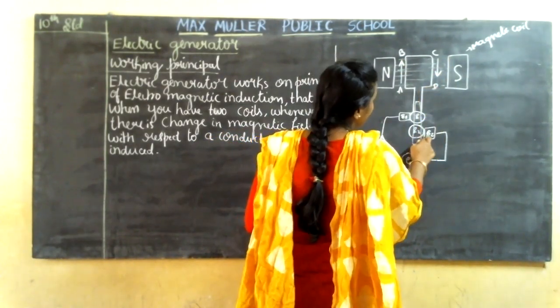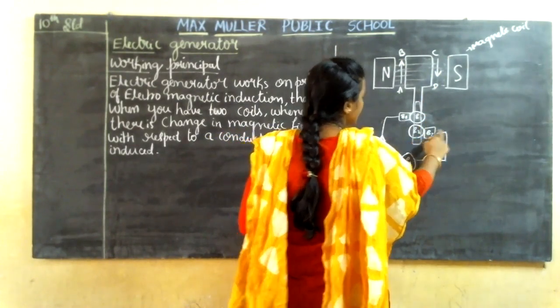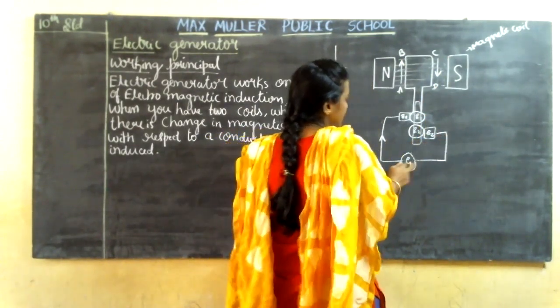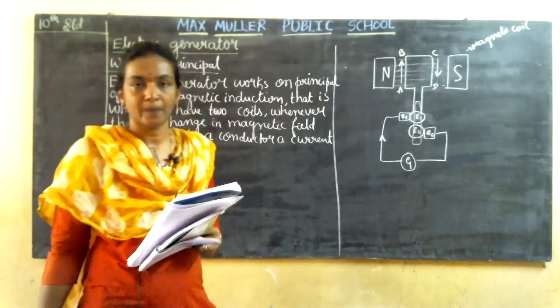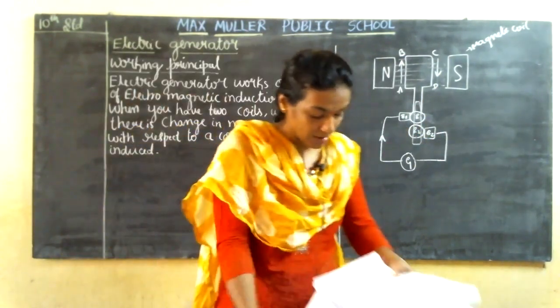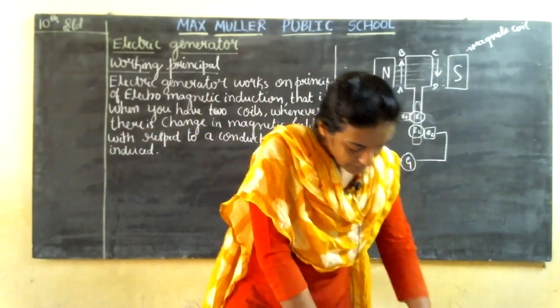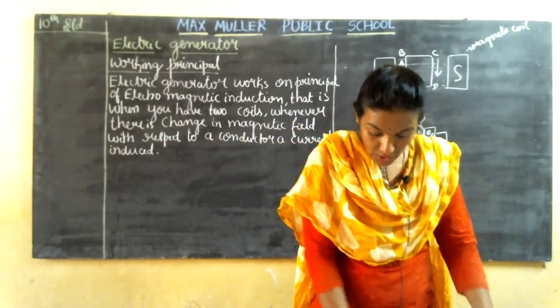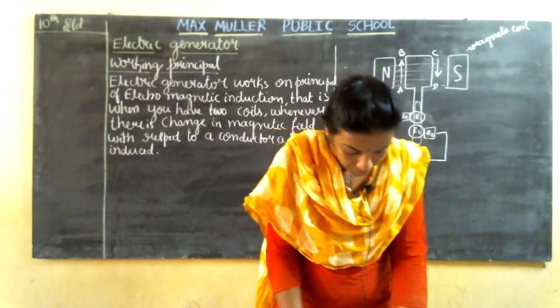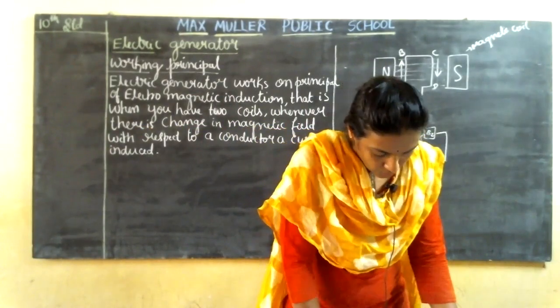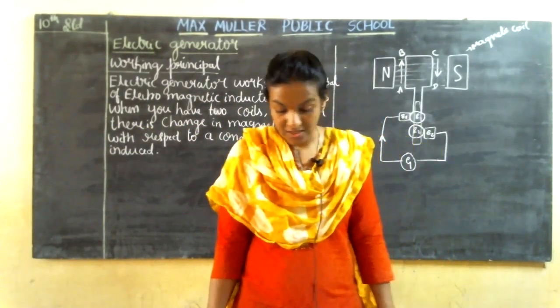It is connected to B2, that is the carbon brush, and it ends when it comes back to the galvanometer. This is how it works. This is about the electric generator.